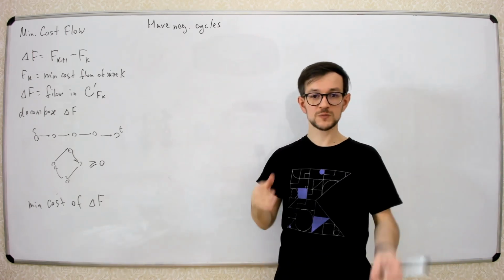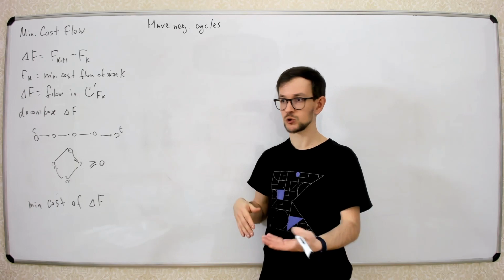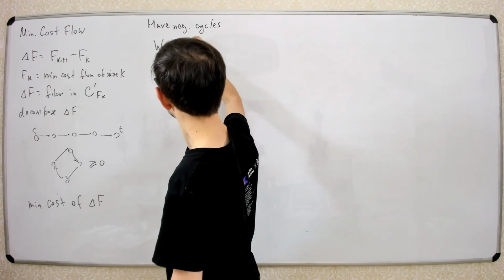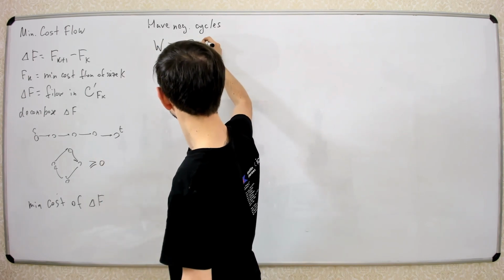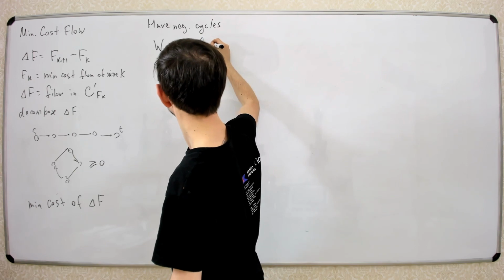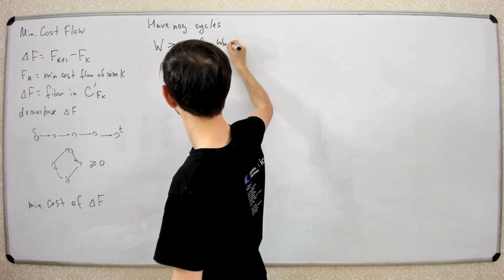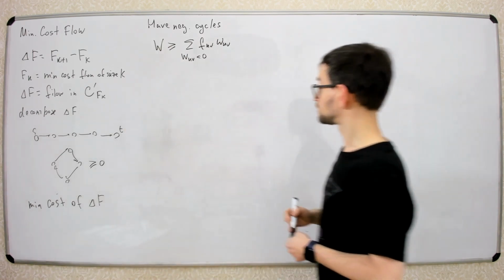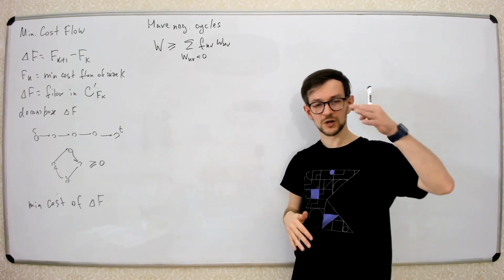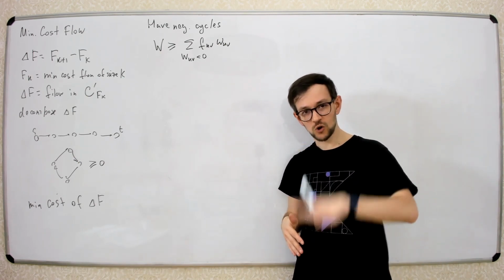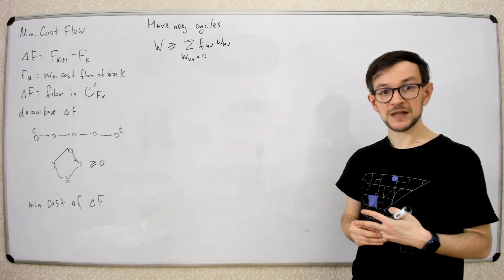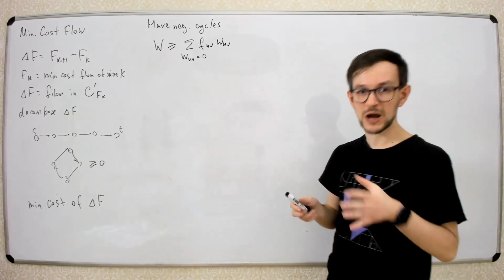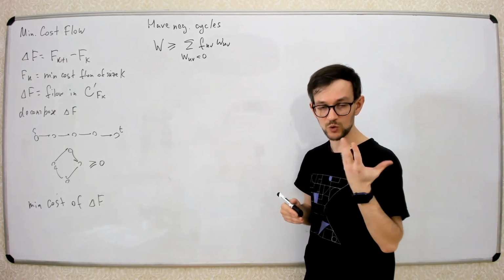The cost of our flow is bounded, it has a lower bound. We say that the total cost of our flow is never lower than the sum of f(uv) multiplied by w(uv) over all negative edges. So we cannot make the cost of this flow lower than this bound. And since we have a lower bound, we have some minimal value, so the problem makes sense, right? We have some minimal cost flow.